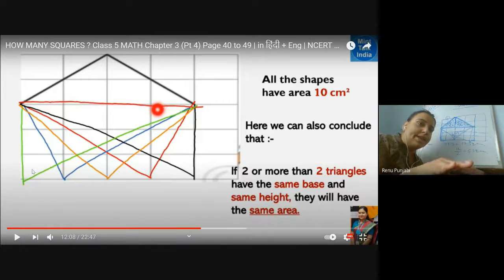If you draw a green triangle, a blue triangle, yellow, red or this black triangle, the area of the entire figure will come same. Got it? कैसे भी आप ड्रॉ करो पर ध्यान रखना बेस सेम है 4 squares and the height is same which is 3 squares. The base and height is same, you will get the same area.